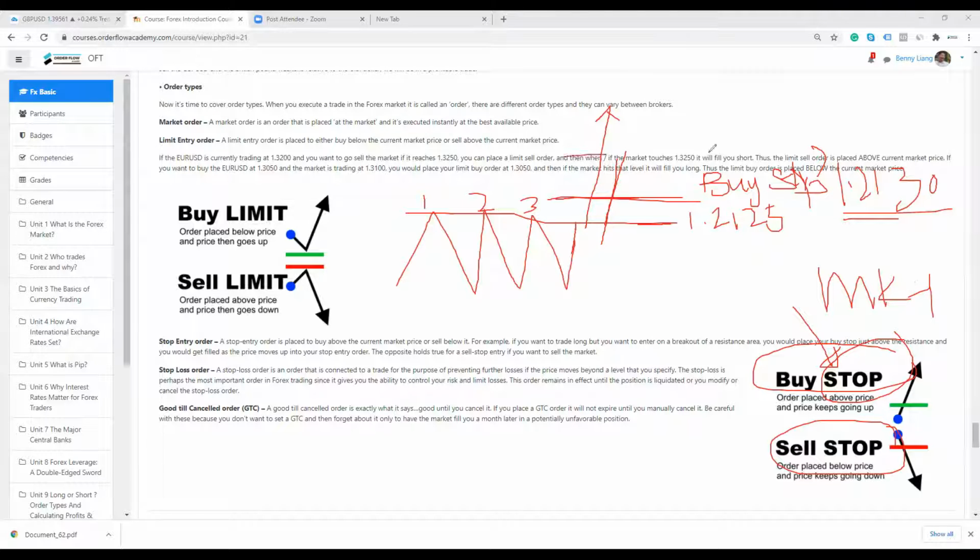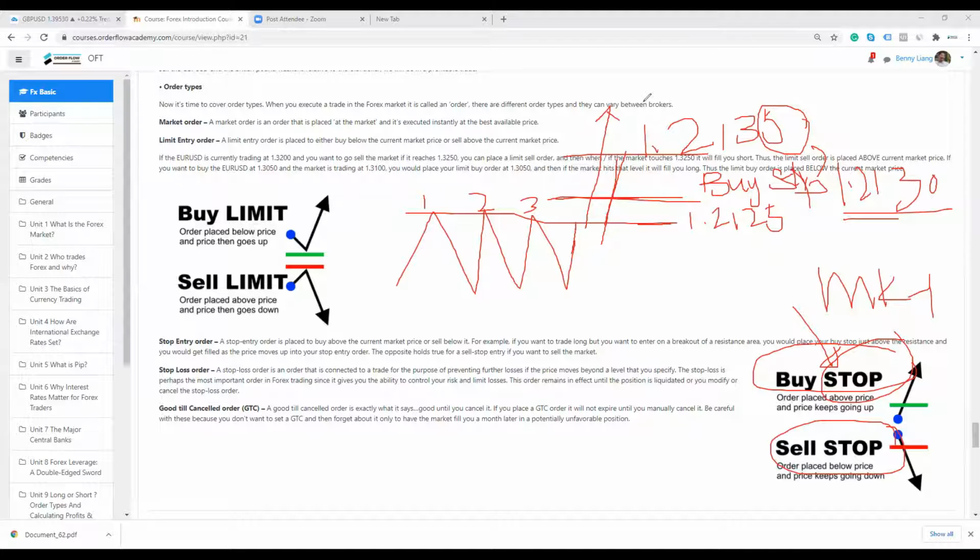You might get filled at a higher price. Because this is not a limit order, this is a market order, right? So in other words, whenever we put in a market order, we might not get filled at the price that we want. So you might end up getting filled at a price of 1.2135, for example. So you lost 5 pips. Can you understand? Yeah. Okay, so that's the difference between buy limit and buy stop.